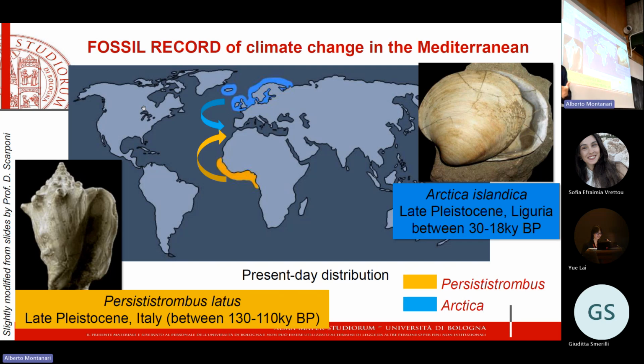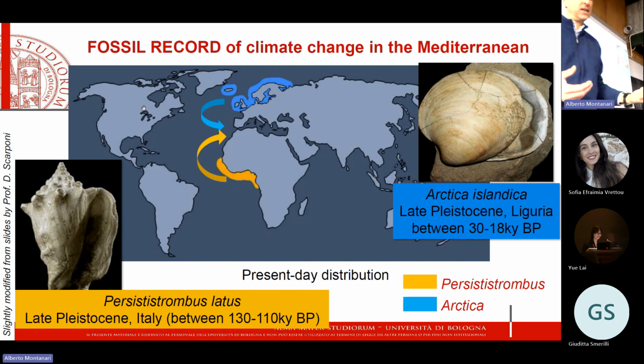And therefore, for instance, for this species called Persistis thrombus latus, which we know that today is diffused in the East Atlantic. You see the yellow band around Senegal here. But we find fossils in the Mediterranean, and we can date these fossils.